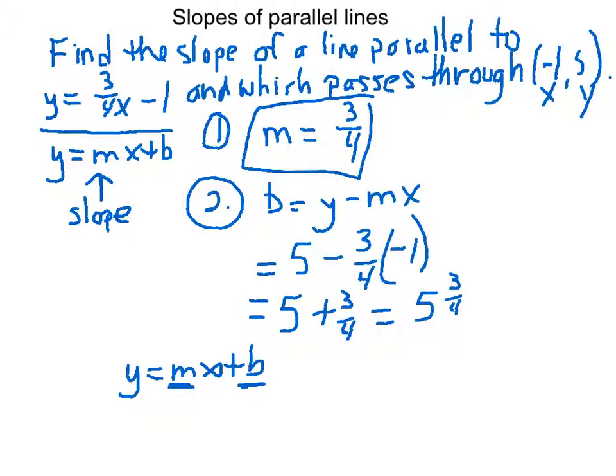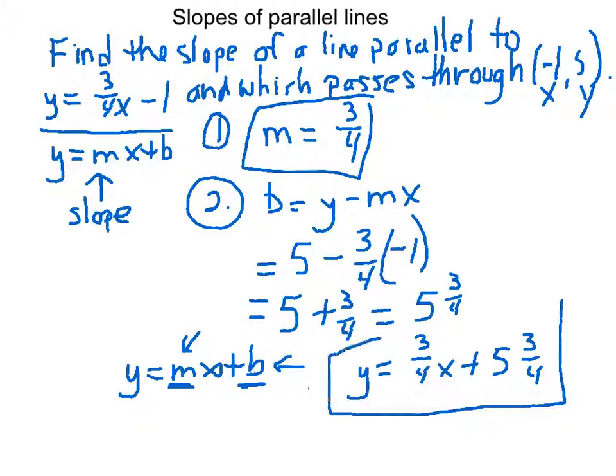And if you look up above, step 1 gives us the m, step 2 that we did gives us the b. So our final equation is y equals 3/4 x plus our b value, and that is the equation of a line parallel to y equals 3/4 x minus 1, which passes through -1, 5.